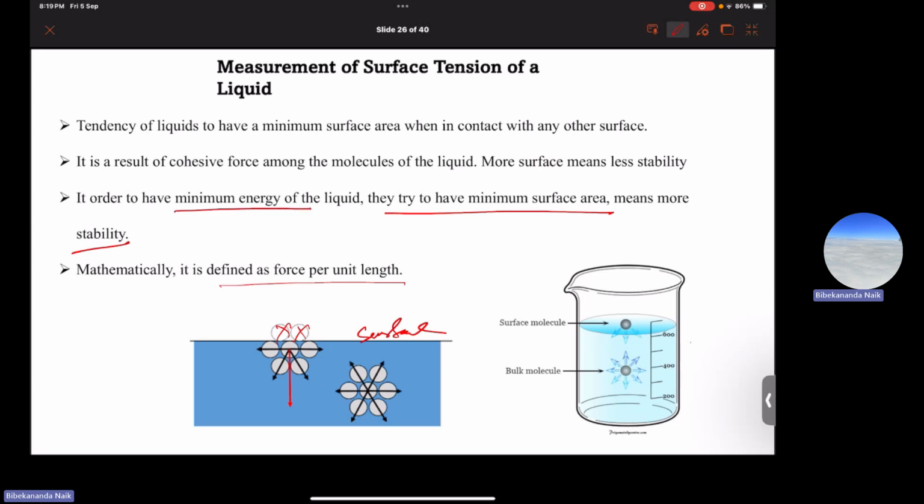So minimum energy means maximum stability. This is a surface molecule and this is a bulk molecule. You can see the bulk molecule experiences forces along every direction, but for the surface molecule, it is along the downward direction only.